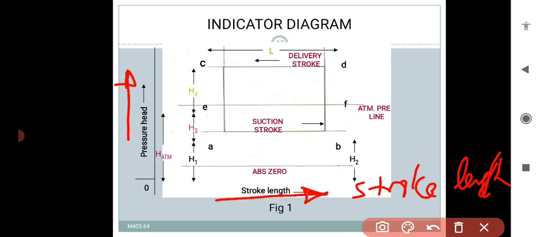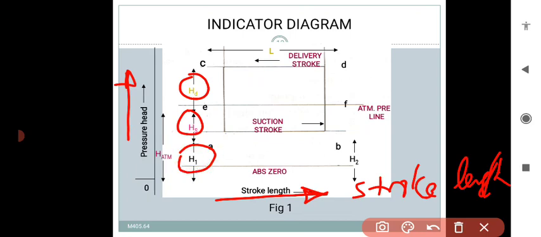This is the absolute zero pressure and the suction stroke. Observe the diagram A, B, C, D. Here H1 and H2 are the heads, HS is the suction head and HD is the delivery head. Here is the delivery head and here is the suction head.